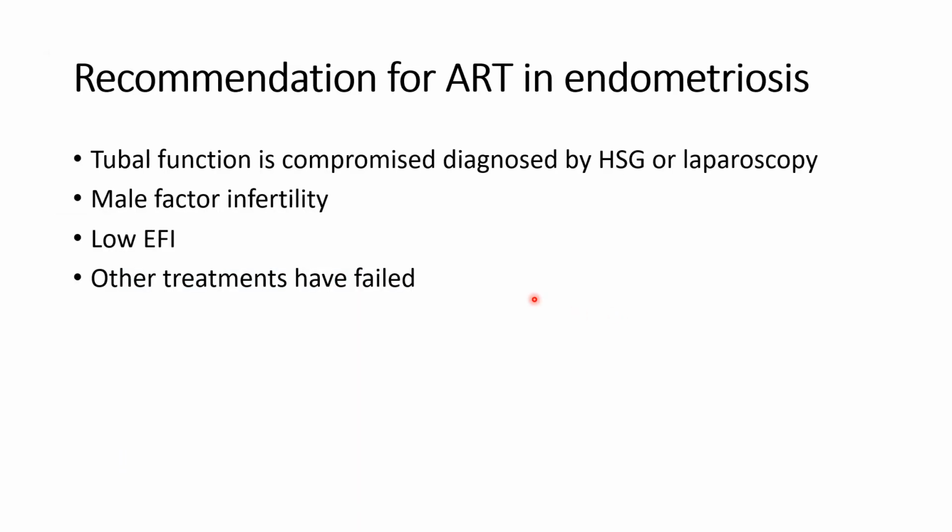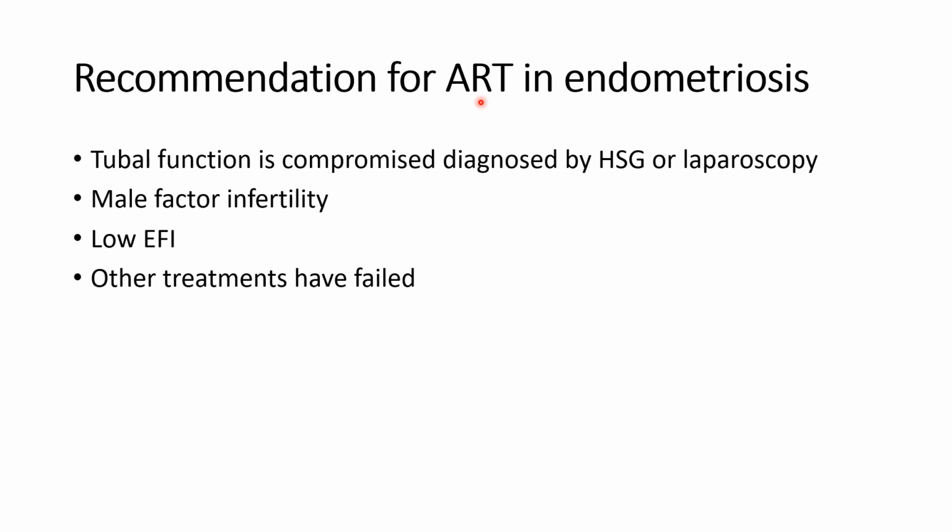Okay, so what are the recommendations for assisted reproductive techniques in endometriosis? Tubal function is compromised, diagnosed by hysterosalpingography or laparoscopy. So when are you going to do assisted reproductive techniques, that includes IVF, ICSI, intrauterine insemination?